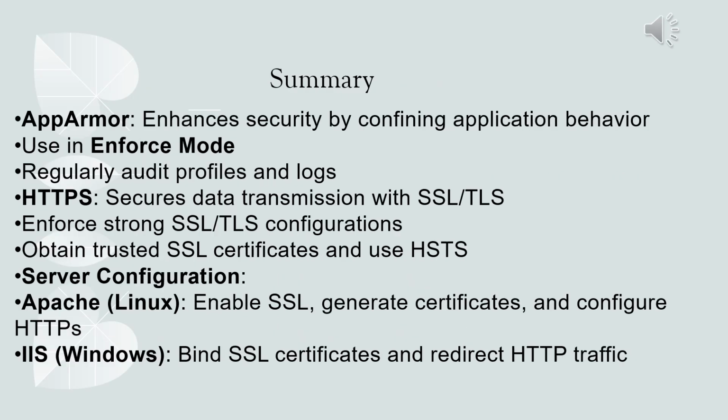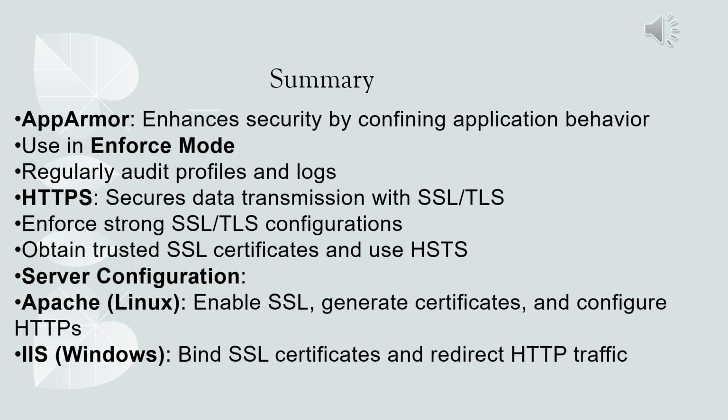As we reach the end of the YouTube video, we definitely need to go over the summary of all the slides that we talked about here today. Starting off with AppArmor. As I explained at the beginning of the PowerPoint, AppArmor is to enhance security by confining application behavior. It uses enforce mode. Regularly auditing profile logs is also a big point in this PowerPoint as well. And then HTTPS secures data transmissions with SSL and TLS.